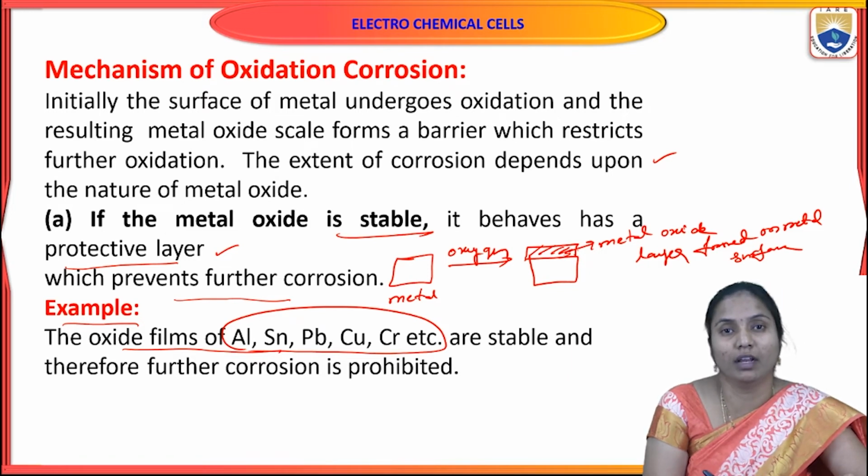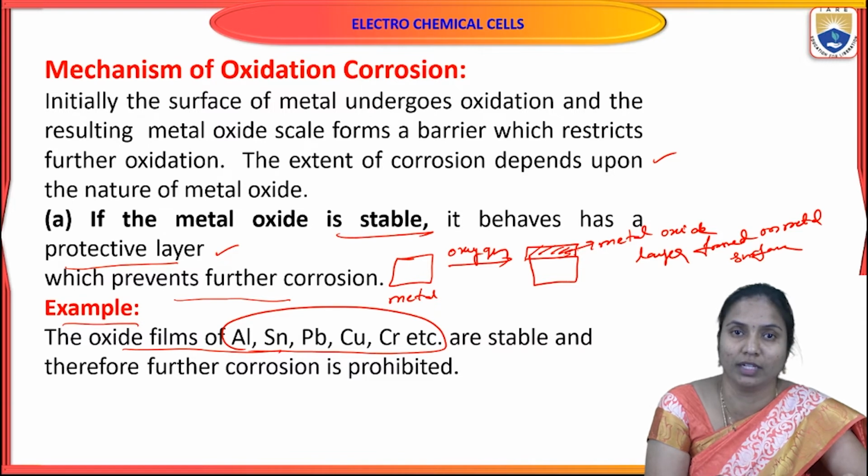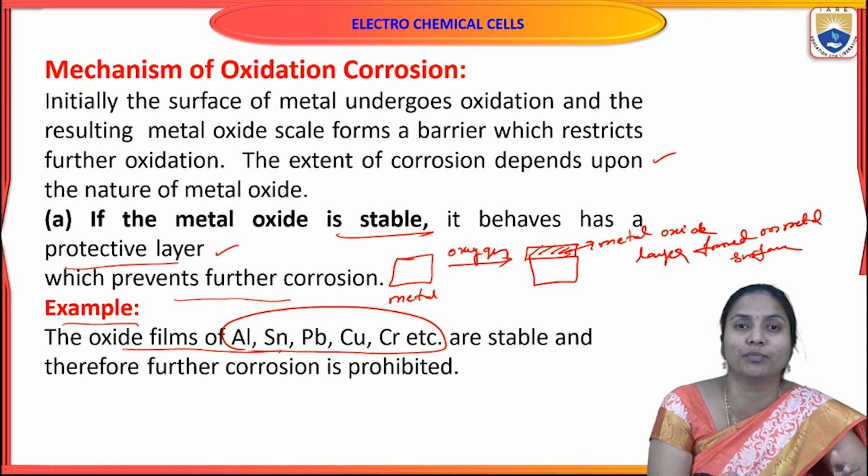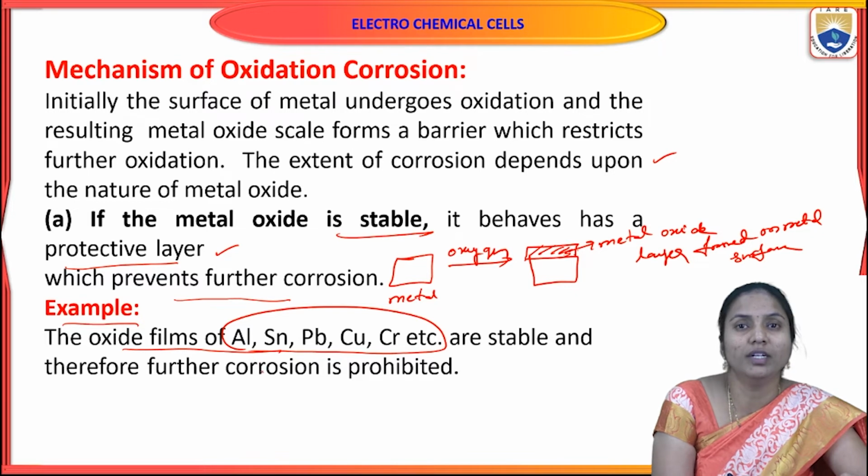For example, aluminium, when it interacts with atmospheric oxygen, forms aluminium oxide. It forms a stable metal oxide layer, so it doesn't undergo corrosion. That means it protects the metal from corrosion.